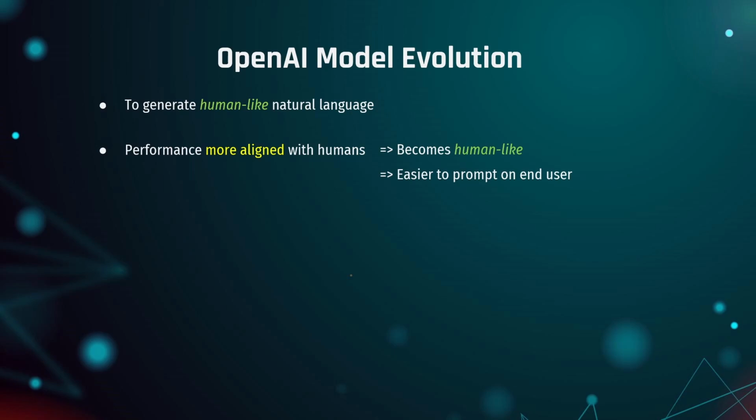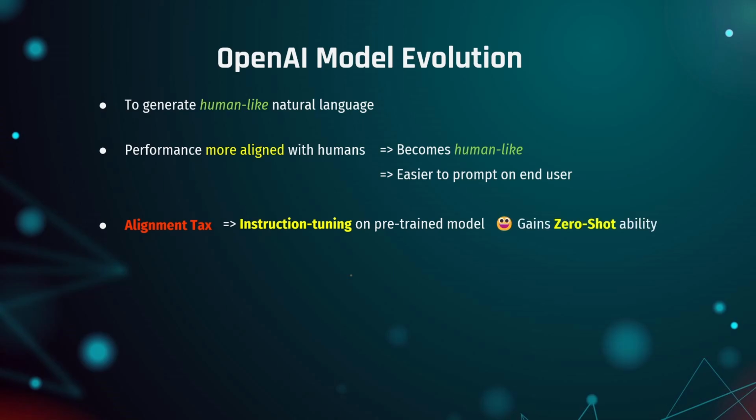And last video আমরা দেখেছিলাম regarding this particular topic, they introduced a term called alignment tax, যেখানে OpenAI instruction tunes their pre-trained model so that the model gains zero shot ability. এবং যখন একটা model achieves the zero shot ability, it becomes more aligned with humans, right?